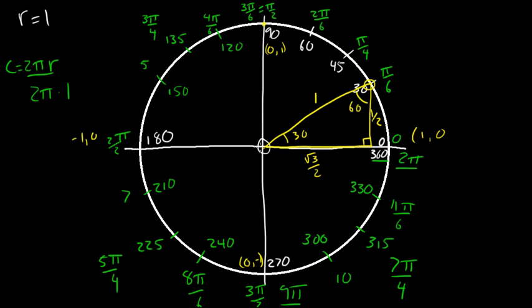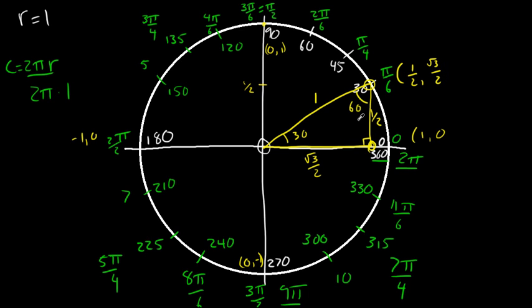It's a 30, 60, 90 triangle. So that means you've gone √3 over 2 on the x-axis, and up 1/2 on the y-axis. This right here is 1/2. So if you've gone up 1/2 and over √3 over 2, this coordinate right here is 1/2, √3 over 2, I did that backwards.